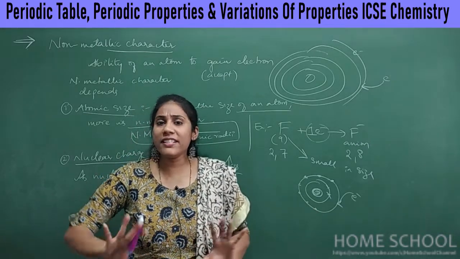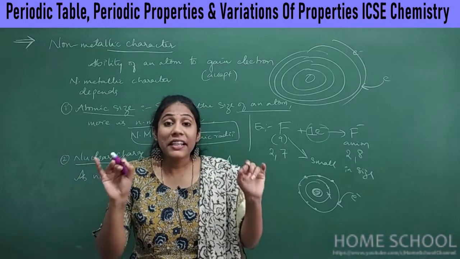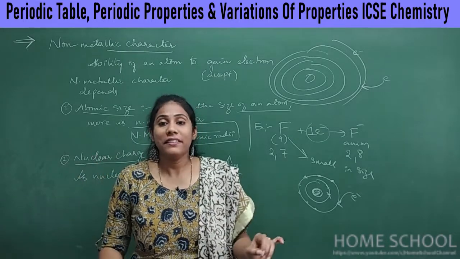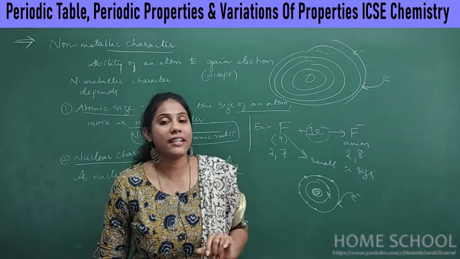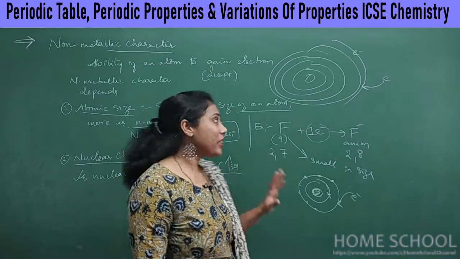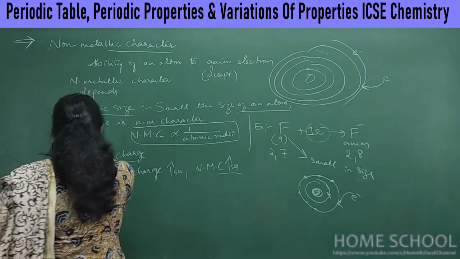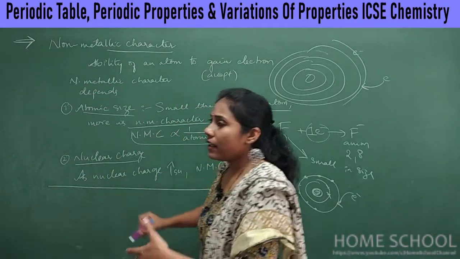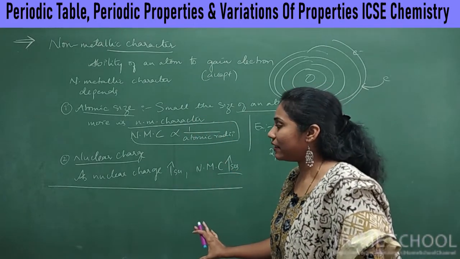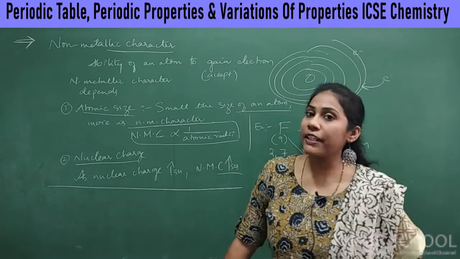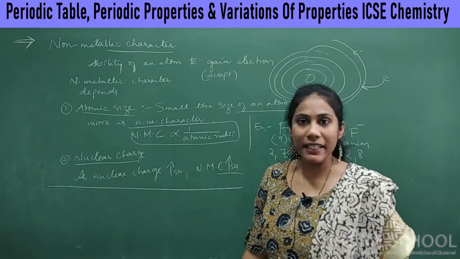You can always answer such questions by relating to atomic size. Now let us write the points from top to bottom. If you go in a periodic table from left to right, what happens to non-metallic character?